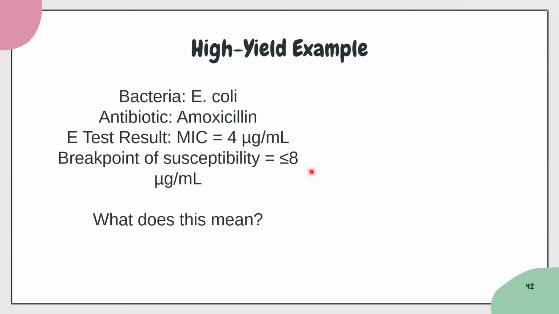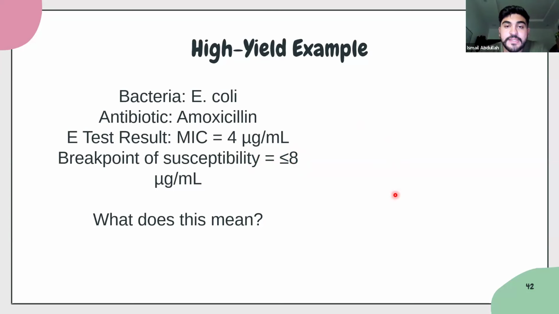So you're trying to tell me that if the MIC is lower than the breakpoint of susceptibility, the antibiotic is going to be effective in treating the bacteria. Right? That's what you said. Yeah. All right. Exactly. This is one part. The second part: what if I told you that I'm using a concentration of 9, something more than 8? What does this mean to you?